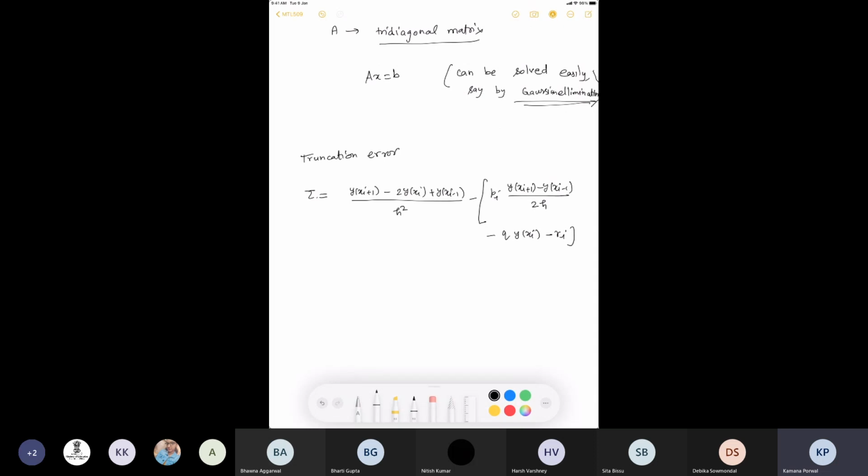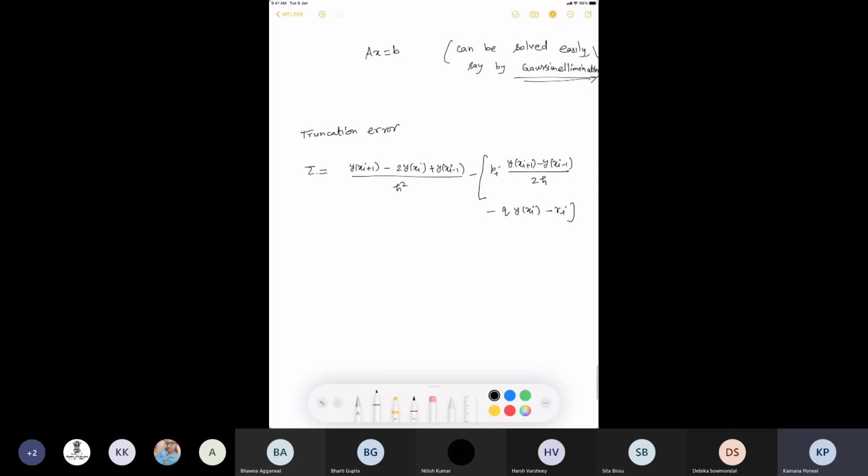If you see this quantity with respect to the discrete solution, then you know that this is 0. But with respect to the exact solution, this is not going to be 0.